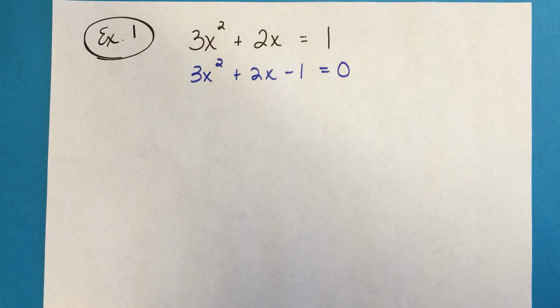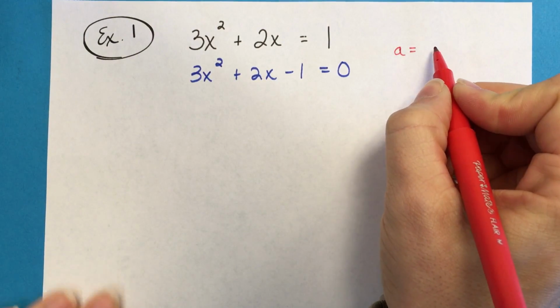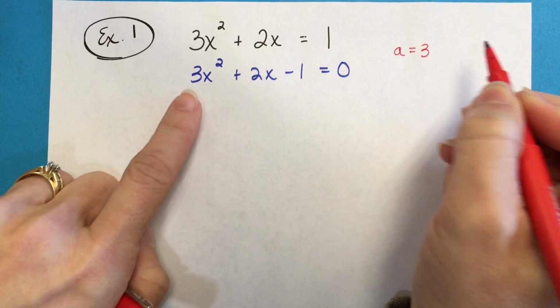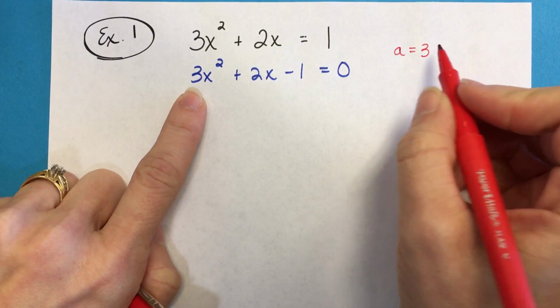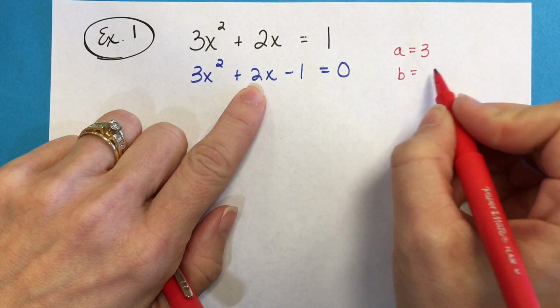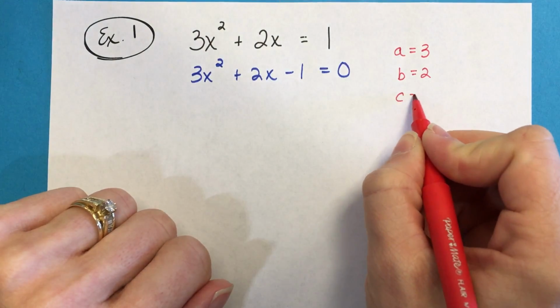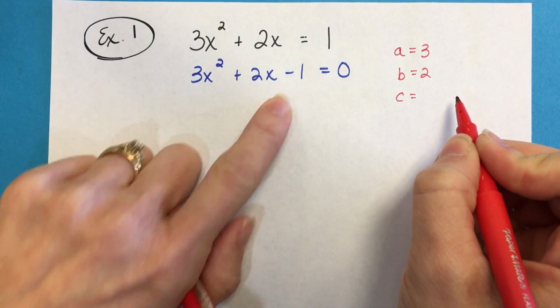That's going to mean that a is 3. Remember, a is the coefficient of the x squared. b is going to be 2, that's the coefficient of the x. And c is going to be your constant, which is -1.